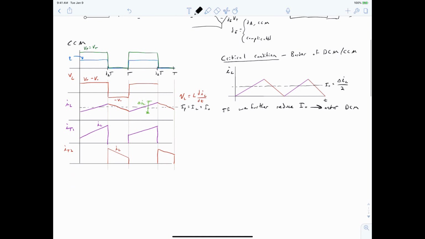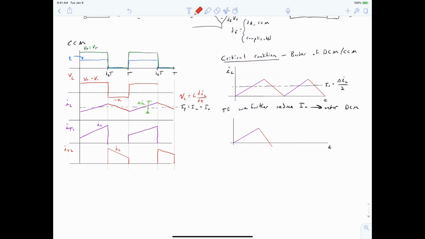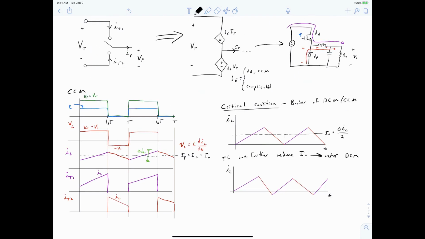So let's draw a graph of what that looks like. We've now reduced our average current, so that's less than half of the ripple current. However, I want you to think about if this can actually happen. Look at the current paths that I've labeled on our buck converter circuit.